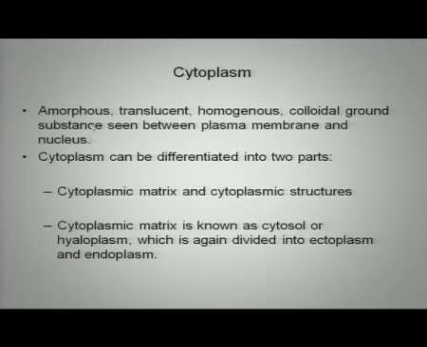Cytoplasm is an amorphous, translucent, homogeneous and colloidal ground substance that is seen between the plasma membrane and the nucleus. Cytoplasm can be differentiated into two parts. One is the cytoplasmic matrix and the other is cytoplasmic structures. The cytoplasmic matrix is known as cytosol or hyaloplasm, which is again divided into ectoplasm and endoplasm.